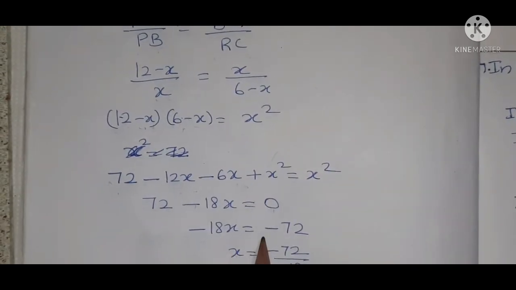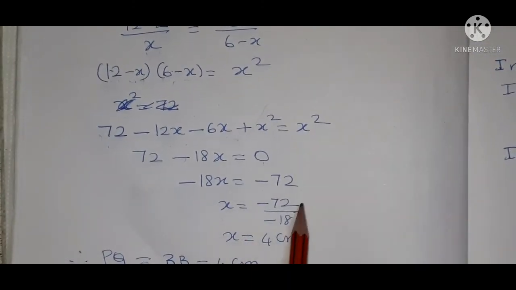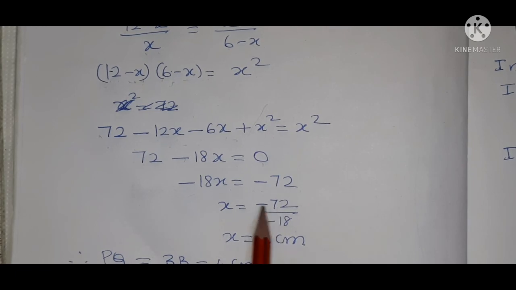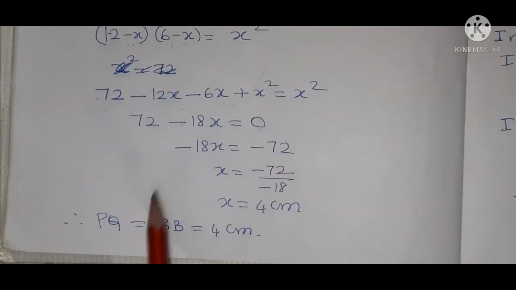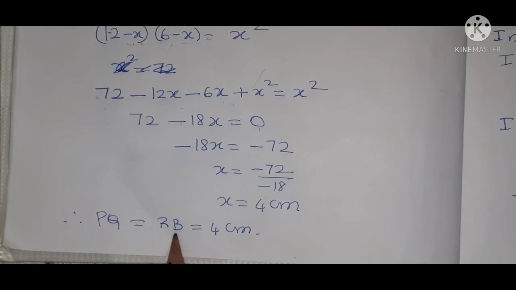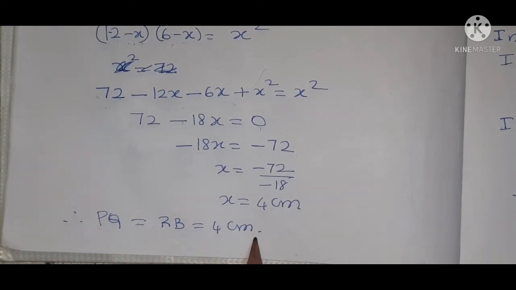Minus 18x is equal to minus 72. x is equal to minus 72 by minus 18. Minus cancels. 72 divided by 18, we get 4. x is 4 centimeter. PQ is equal to BR is equal to 4 centimeter.